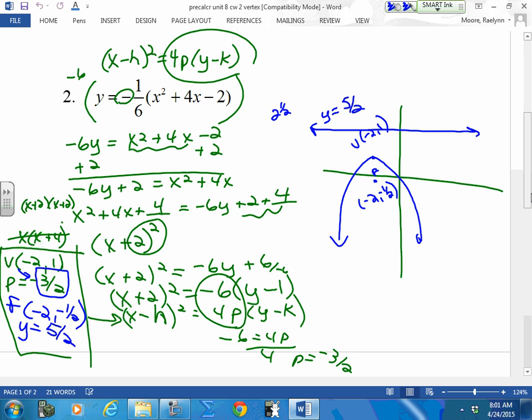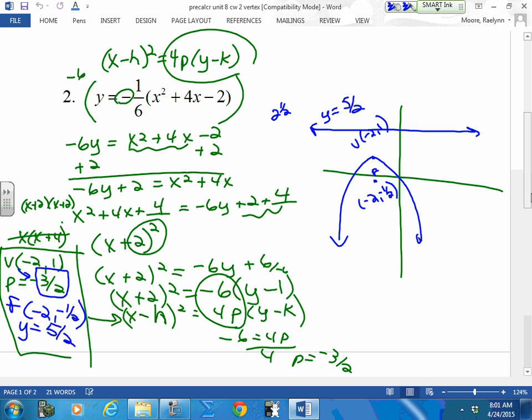Otherwise, you're going to be forced to put them into your formula. Try to get a feel for which way you're going. If I have to go up 1.5, I have to use the positive 3/2. If you look at your equation, it's h, k plus or minus p, and k minus p. Those are your directrix. So it's actually forcing it to go the opposite way.